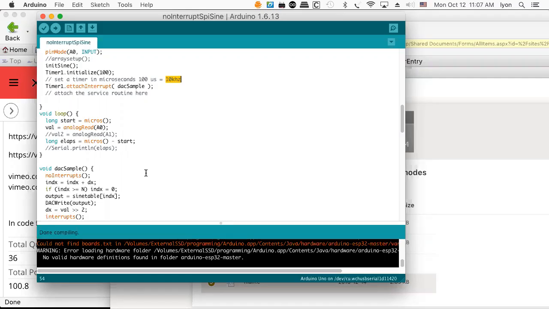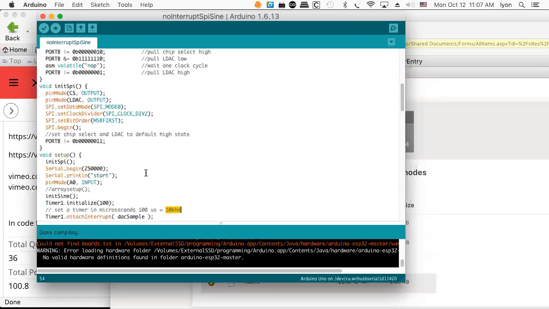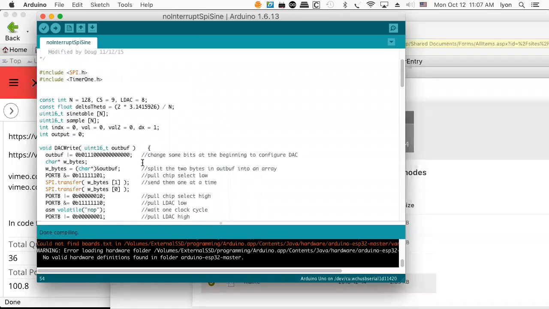In other words, if you told me I have 10,000 samples, that wouldn't be good, right? Because if I'm sampling at 10 kilohertz, I'm basically outputting one full period every second. It just doesn't make sense, right? So you have to figure out N. In our case, I think it was 128.